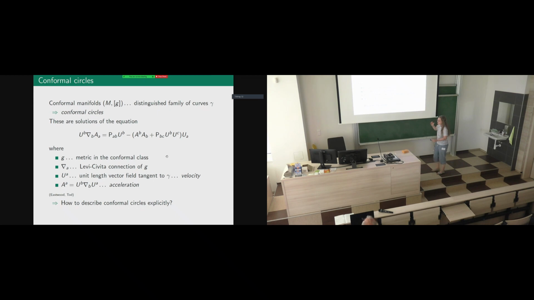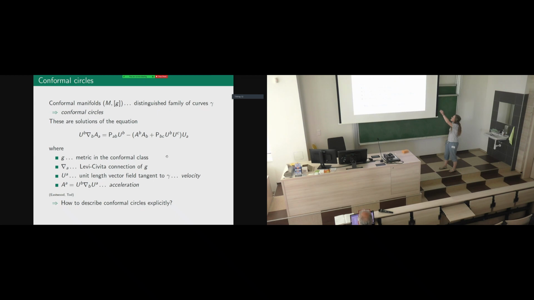And the most usual definition of a conformal circle is that they are solutions of this equation. Here g is a metric in the conformal class, nabla is the Levi-Civita connection of this metric, and then along the curve we can compute a unit length vector field, which is naturally called velocity, and of course acceleration.